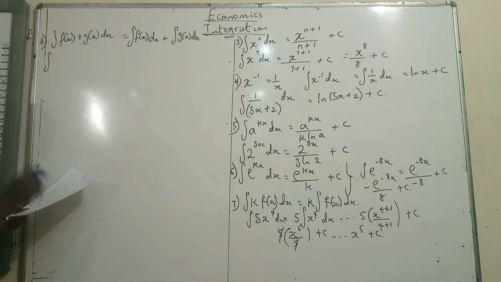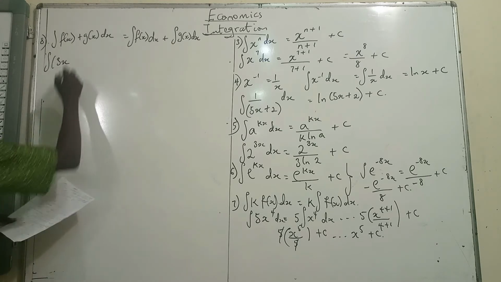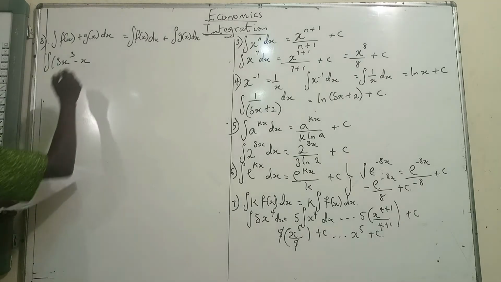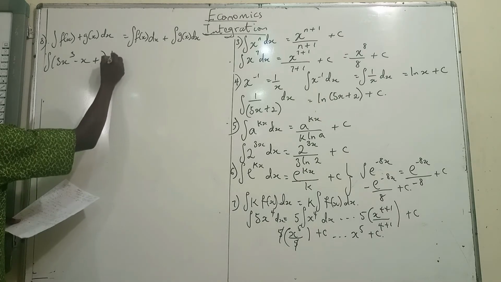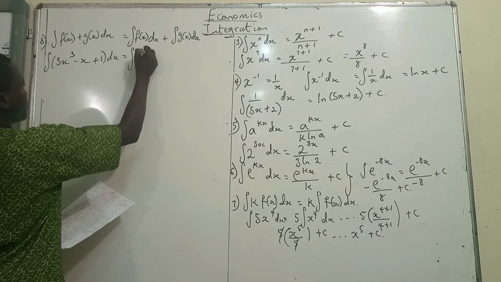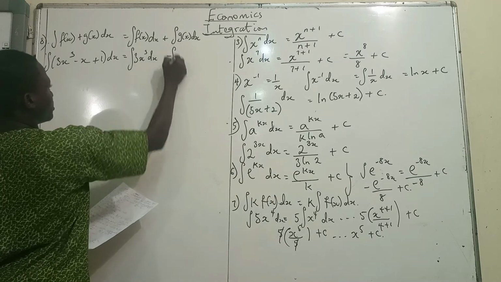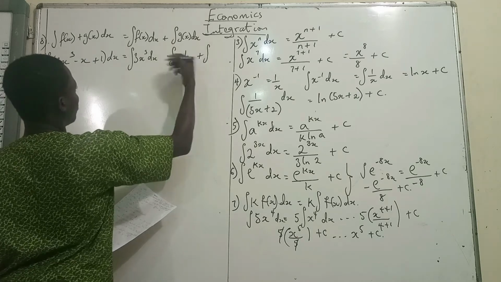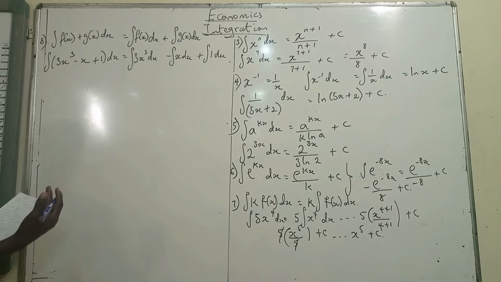Now, an example to show what I mean: you have integral 3x cube, minus x, then plus 1 dx. So this is basically integral 3x cube dx, minus integral x dx, then plus integral 1 dx. Let's solve the whole thing.